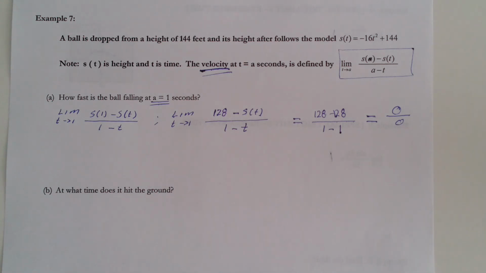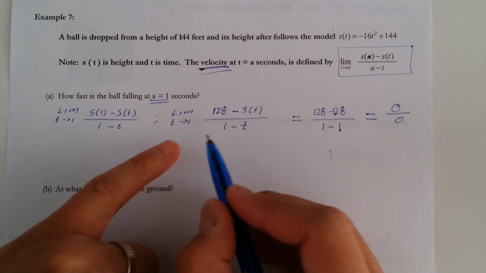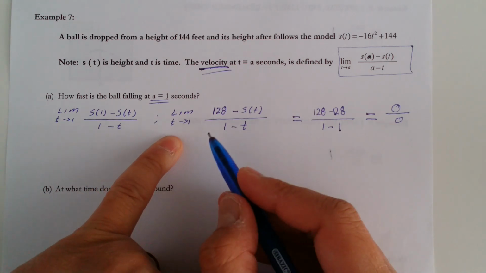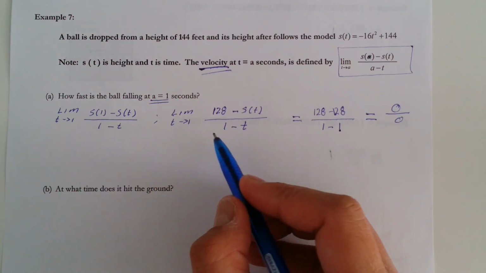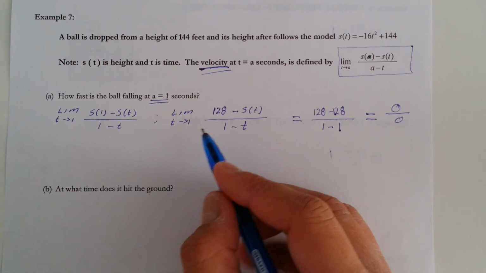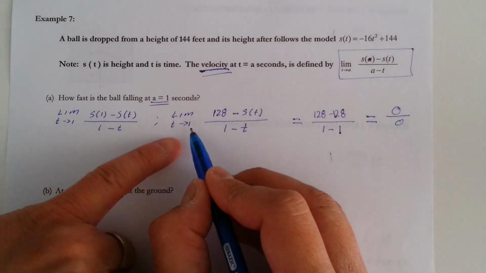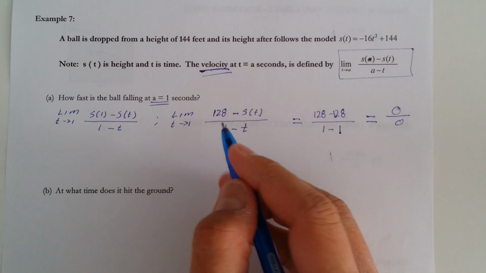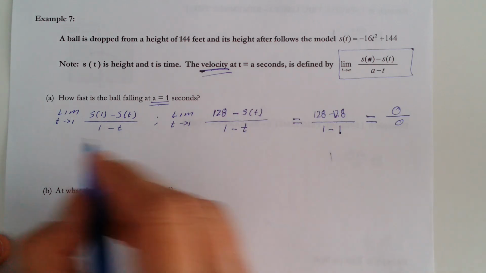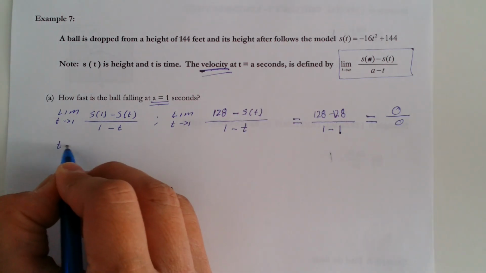A table works well with this problem, but I'm going to use a modified table. What do I mean by that? A table means that I'm listing all the values of t approaching 1. So I have to see how the function behaves when I plug in a number really close to 1. As I'm approaching 1, let t equal 0.9999. That's really close to 1.